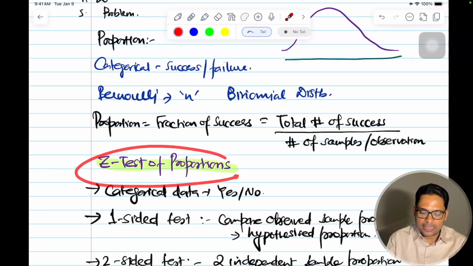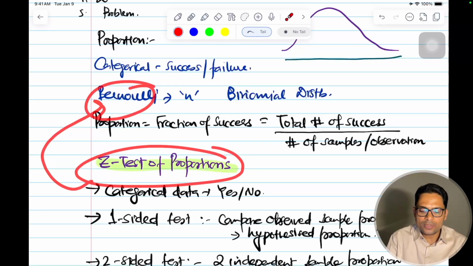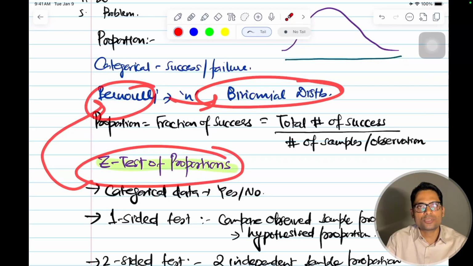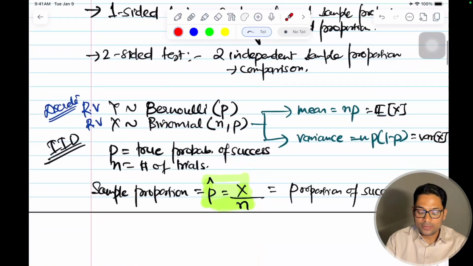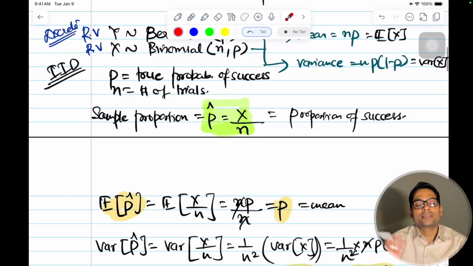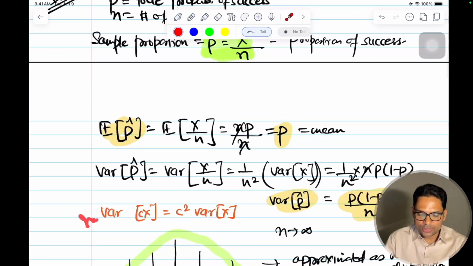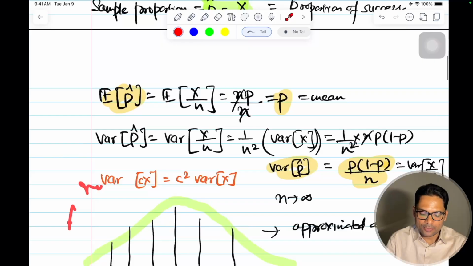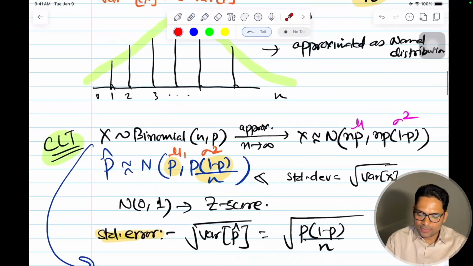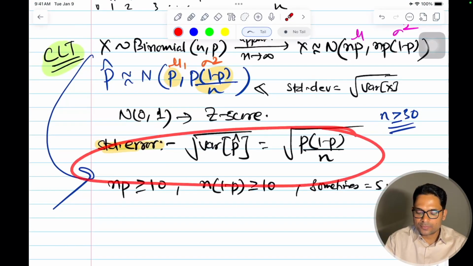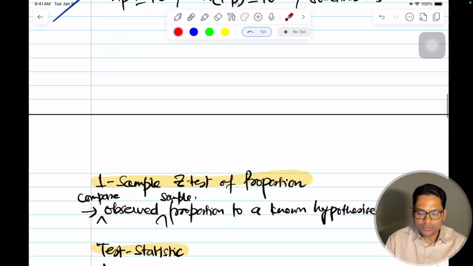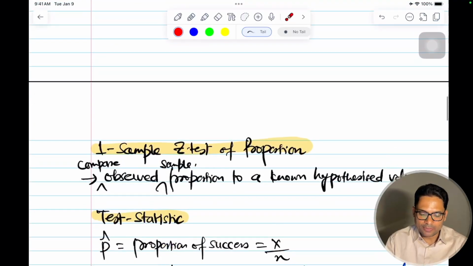And this data we model as Bernoulli trial for one, and then this is modeled as binomial distribution. And for very large n, this can be approximated as normal distribution. We saw that, and from there we calculated the expected value of my proportion, and from there we got the standard error value, and the same thing we put into the formula everywhere.